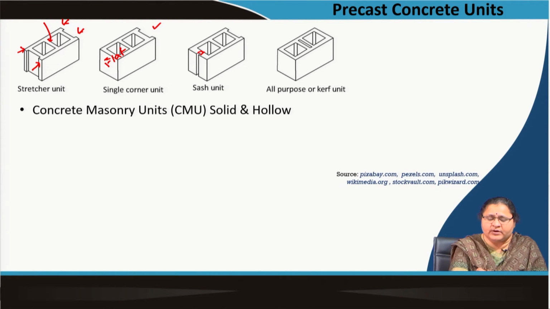This is an all purpose brick which does not have all four faces or verticals flat, so this helps in interlocking maybe. This is a corner unit, this is a sash unit, and you can see even jamb units where one of these edges will have a profile of this kind and it will have hollows.